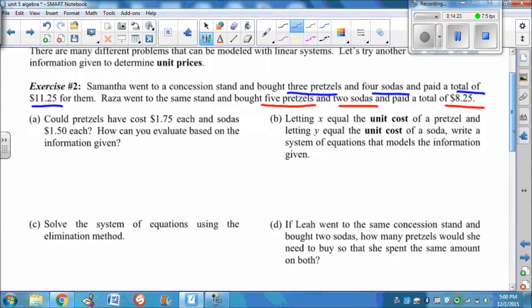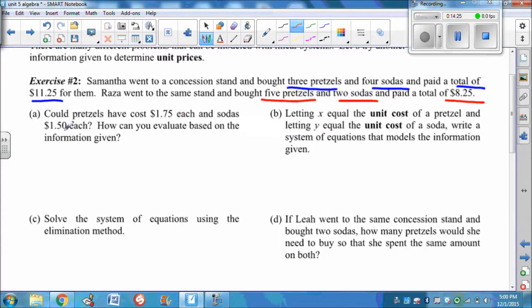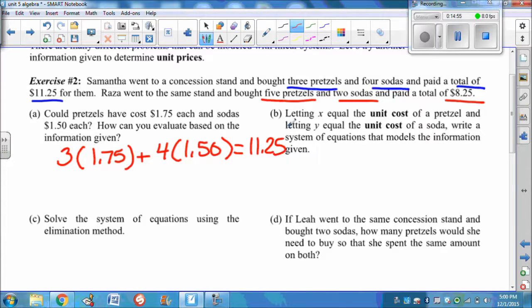What they're saying is, are $1.75 and $1.50 a solution to this system? In other words, they're asking us to check this idea. Is it feasible? So 3 times the cost of a pretzel, supposedly $1.75, plus 4 sodas at $1.50, for a total of $11.25.